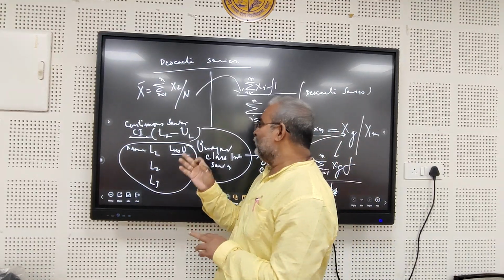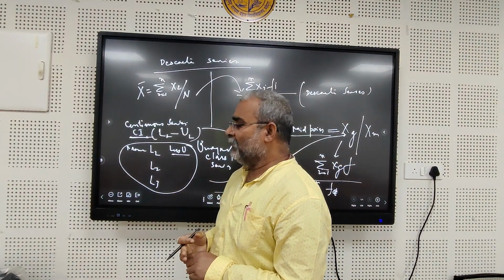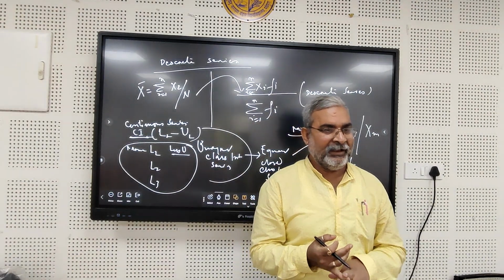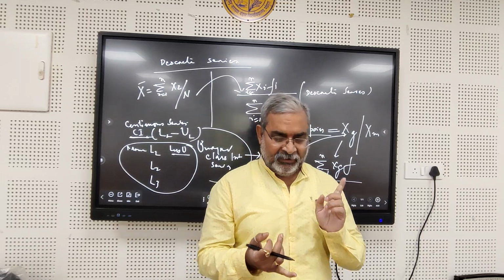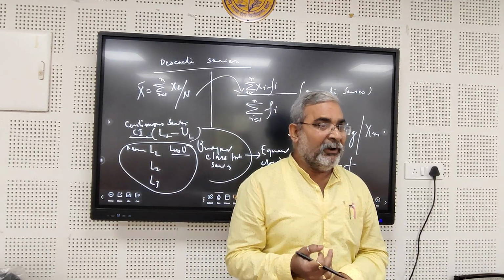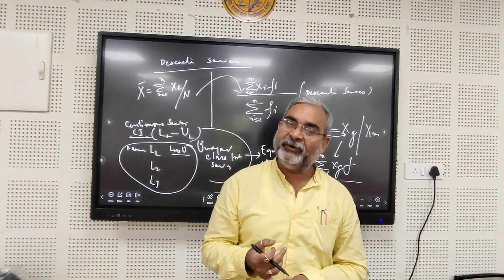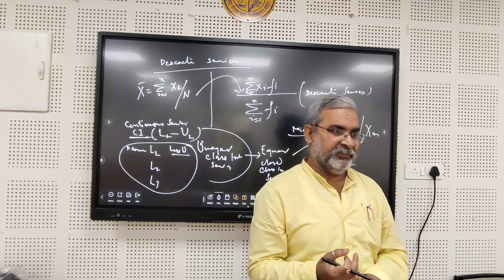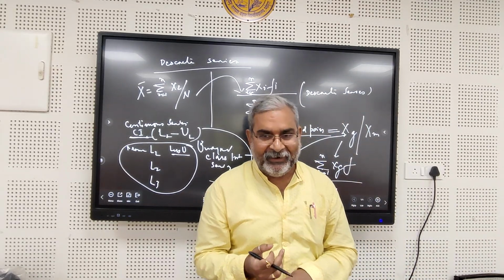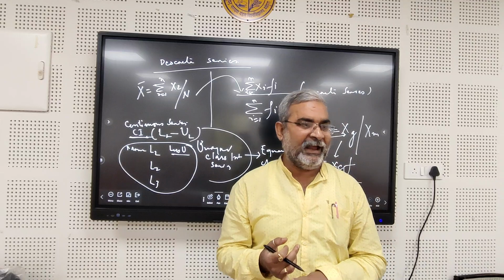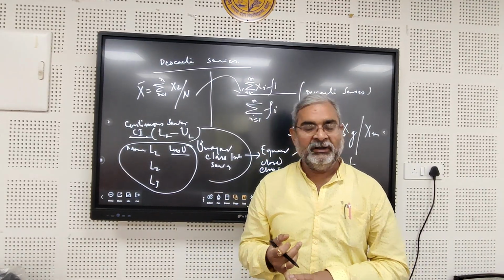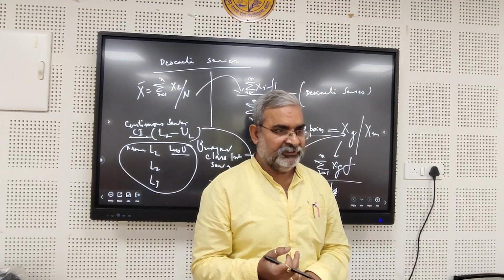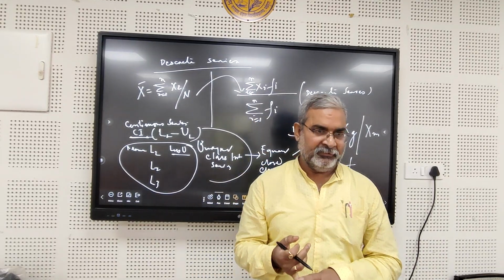In the discrete series, the first step in the method of calculation is that each score is multiplied by its respective frequency. Second step, the multiplication values of each score and frequency are summed up.